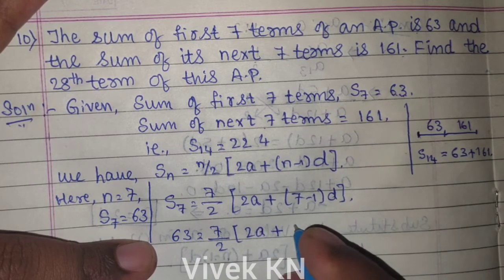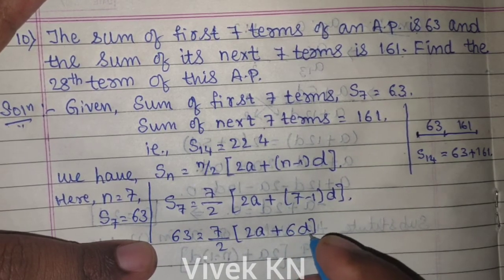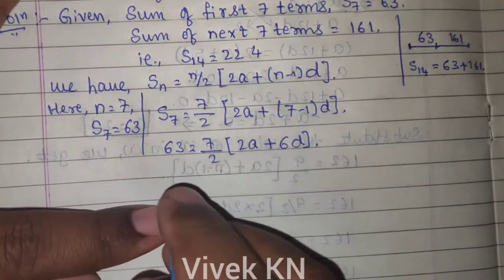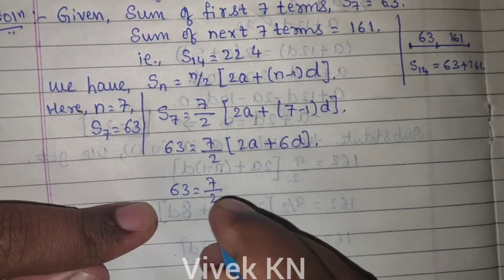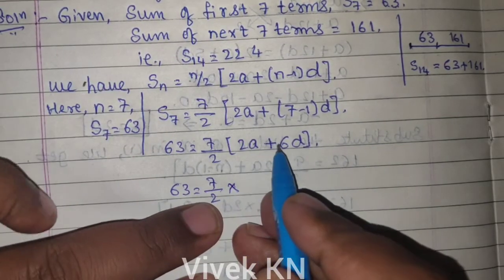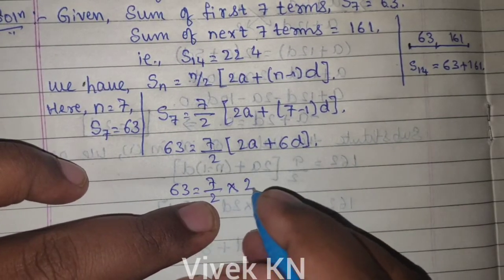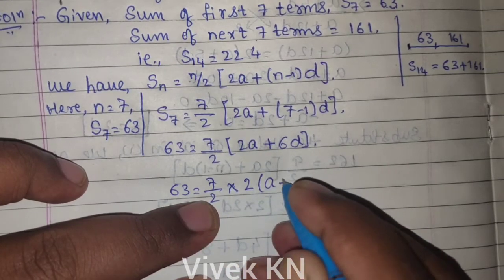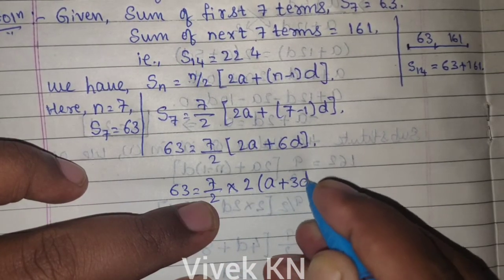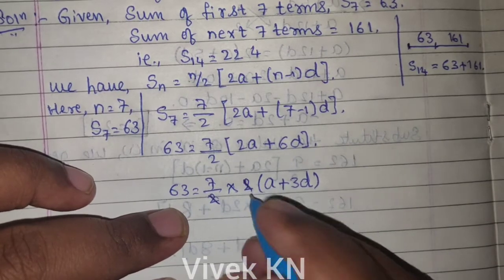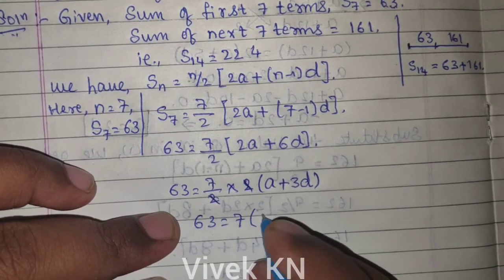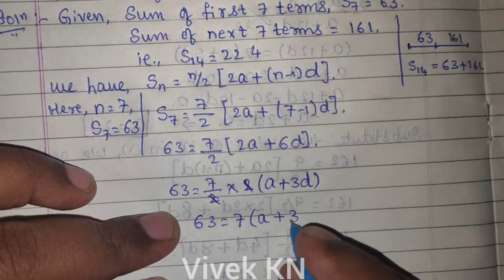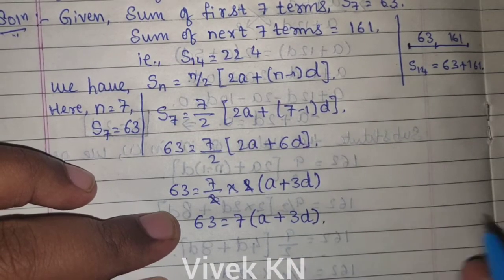This can also be written as 7 by 2 into, here 2 can be taken out as common, and the remaining term is a plus 3d. 2 gets cancelled, and 63 is equal to 7 into a plus 3d.